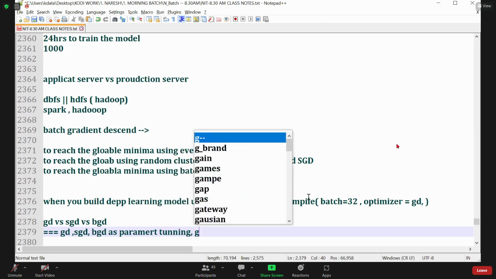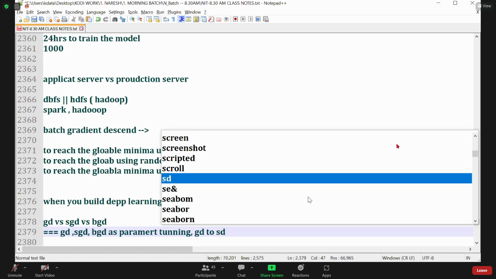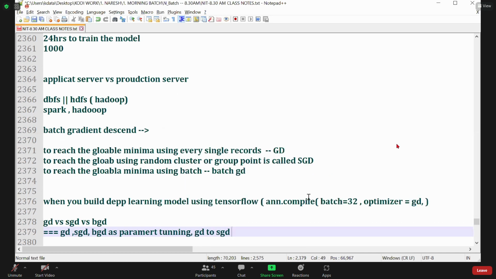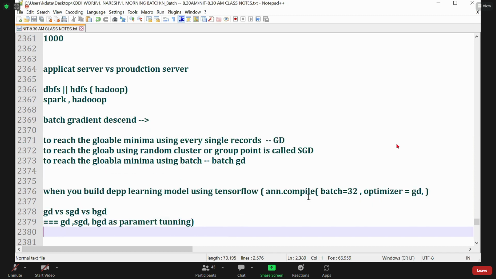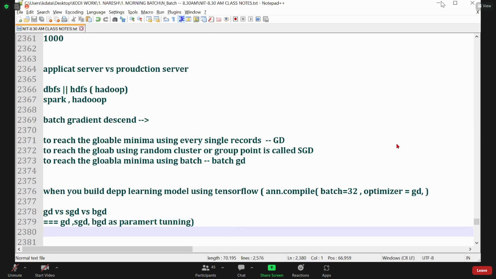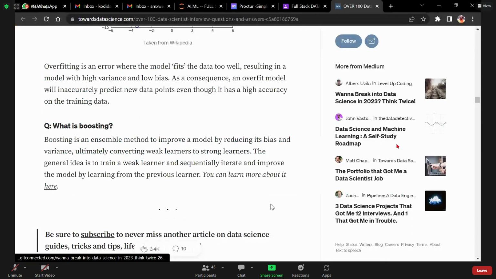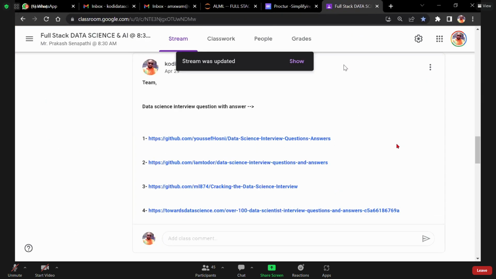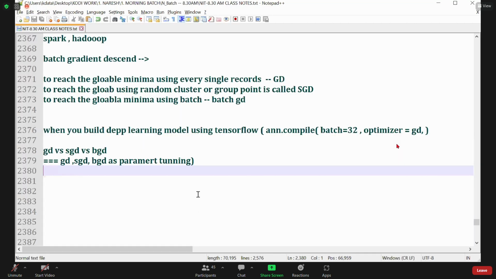If I convert GD to SGD by default, as user request, that's called hyperparameter tuning. Today we completed optimizer, gradient descent, stochastic gradient descent, batch gradient descent. So make sure these three things are very, very important. I want you to paste them in the question bank, and these questions only you will encounter, guys.